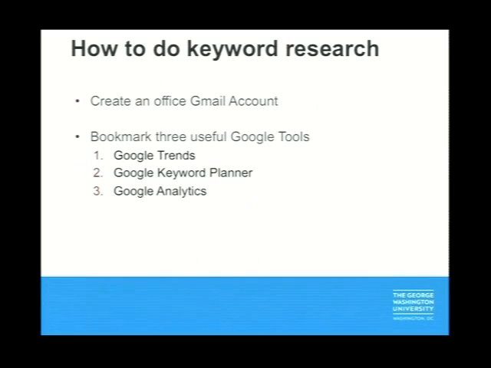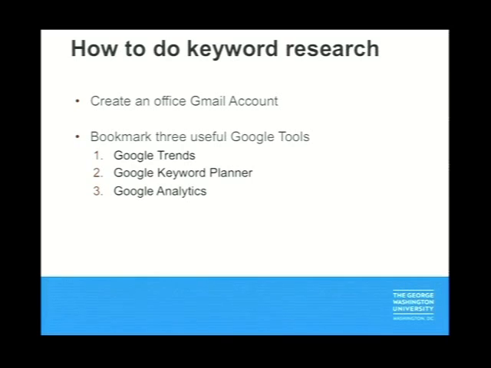So to get started in SEO, you really have to do your keyword research. And the first thing I'd recommend is that because you're not able to use Google Analytics with our GW accounts, and you're not able to use Google Keyword Planner because it's attached to AdWords, create an Office Gmail account.